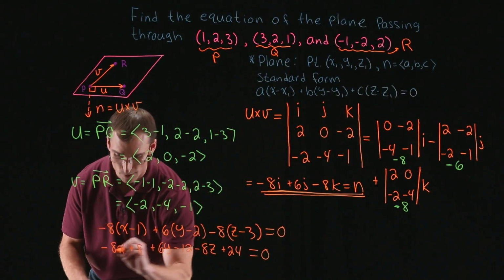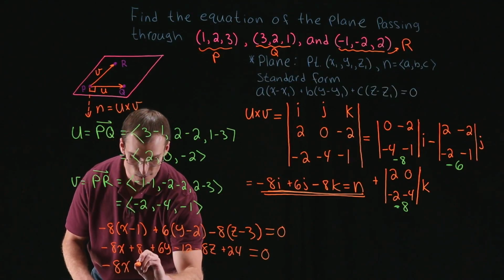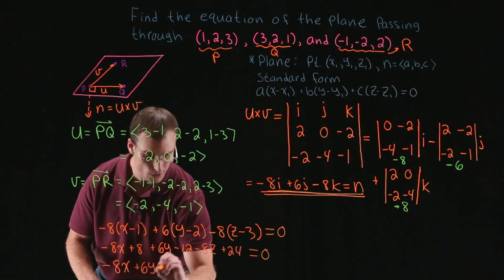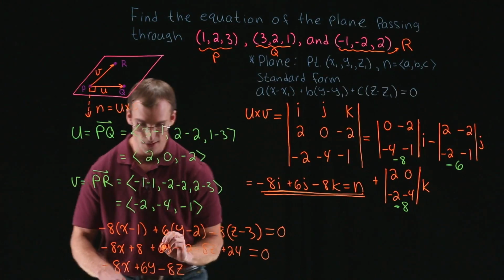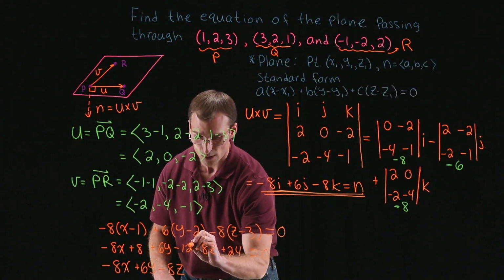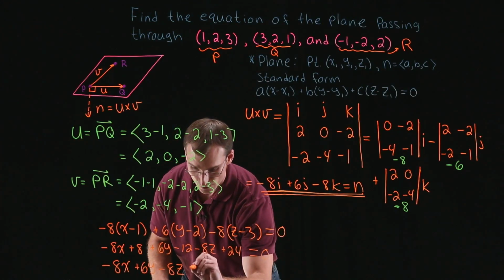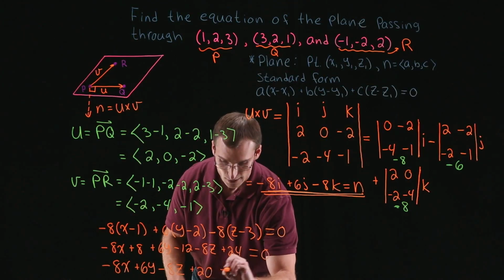And so clean this up a little bit more. We're going to have -8x plus 6y minus 8z, and +8 plus -12 plus 24 gives us a plus 20, and that's equal to 0.